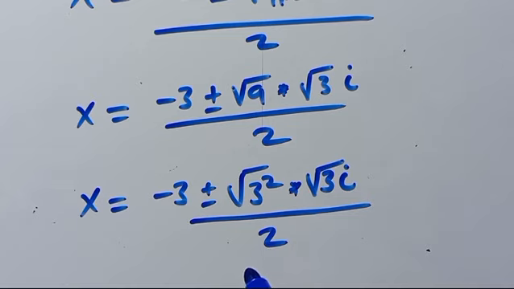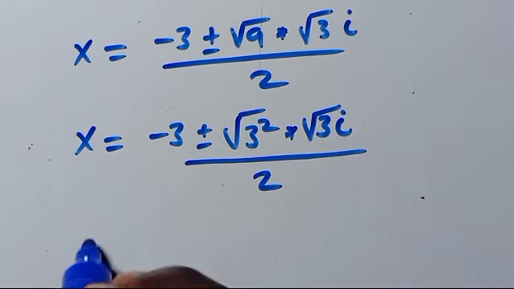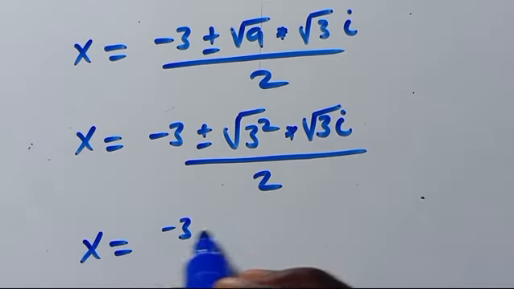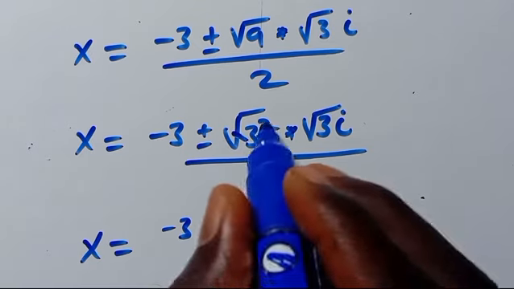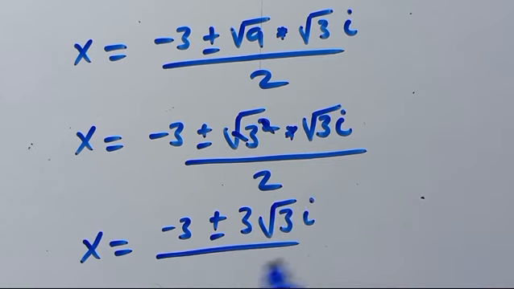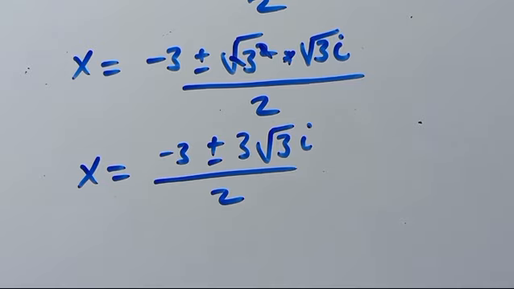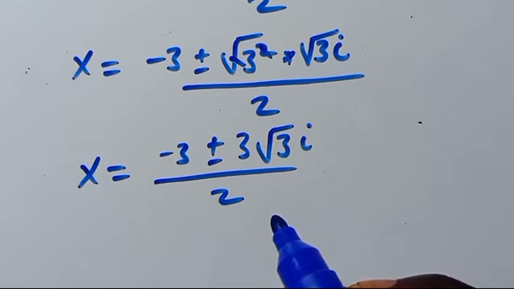So we have x equals minus 3 positive or negative 3 root 3 i over 2. This happens to be the complex solution.